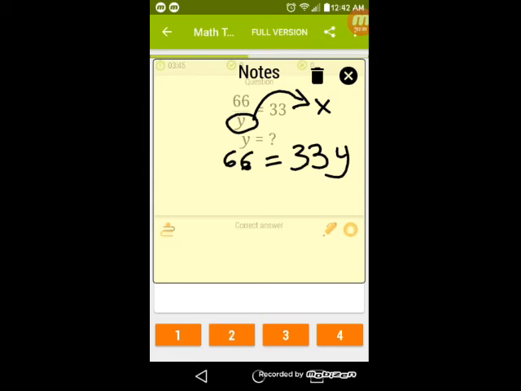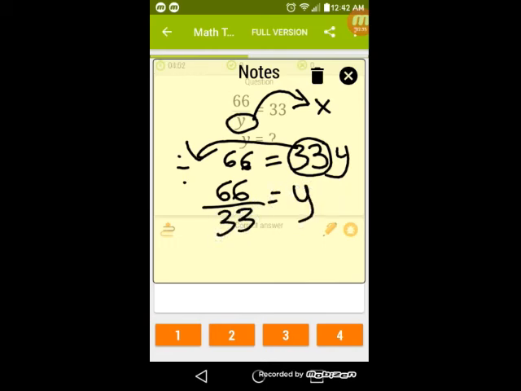If it's y times 33, then we want to take this 33 over to this side where it will become divide by 33. Okay, so 66 divided by 33 is equal to y. You notice something about the 66 and the 33? The 33 is exactly half of 66, right? So 66 divided by 33 is equal to 2. 2 is equal to y, or y is equal to 2. That's your answer.